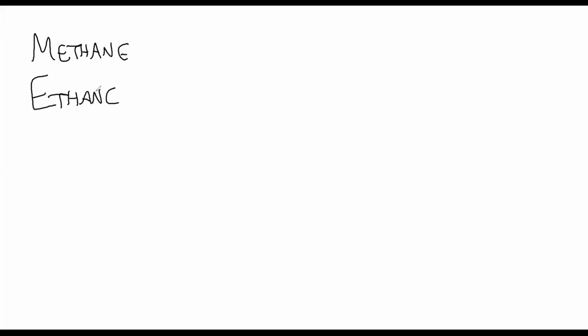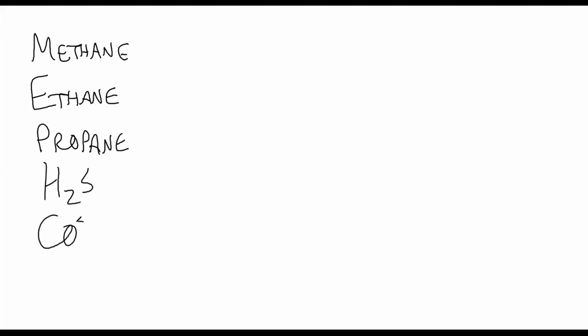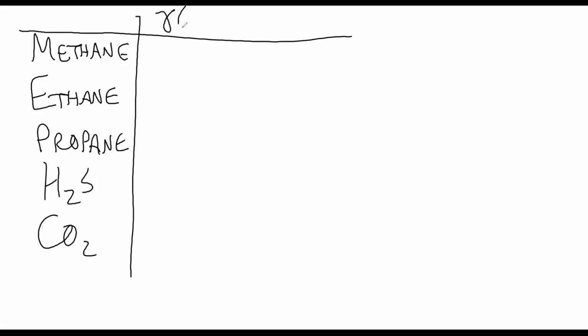Let's say those are my three gases, right? We're going to have one more. It's also going to have hydrogen sulfide and CO2. So the way that I express how much of each gas that I have is by its mole fraction. Mole fraction gamma is essentially what percentage of the mixture that it takes up.